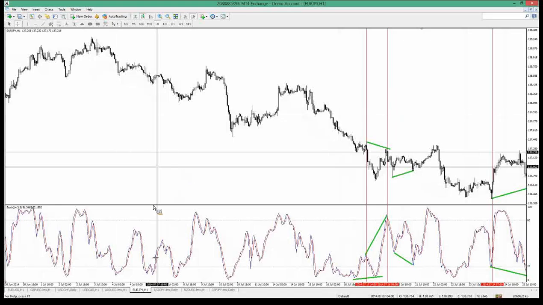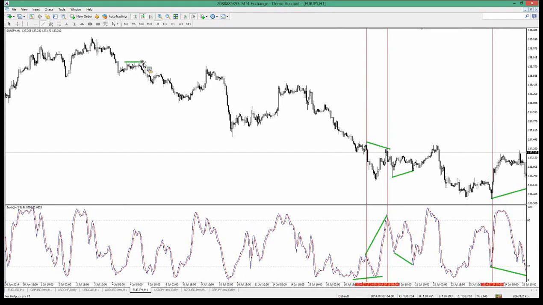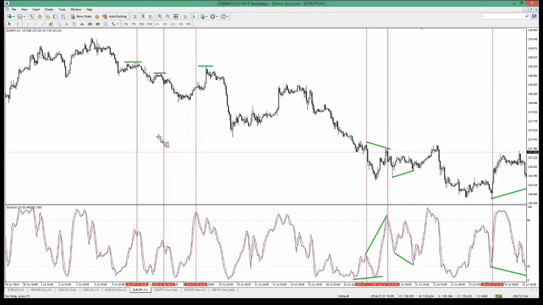If we look at this, we've got two examples here. Just follow along. Here we've got a high, here we've got a high, and here we've got a high. Now if we look at the corresponding highs to the peaks of price, the first one here basically gets you in trouble.